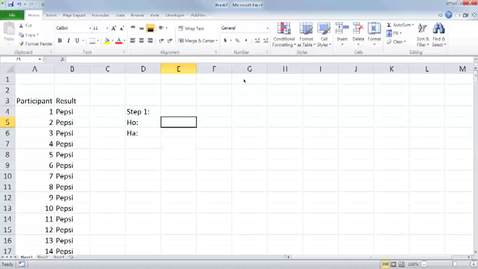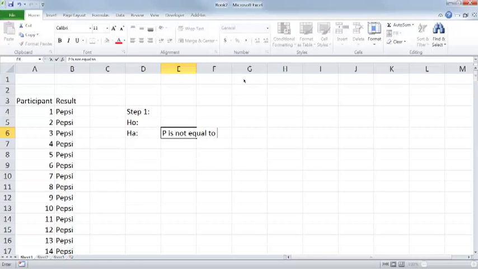So whatever it is we're trying to find belongs in the alternative. This is P instead of mu, we're not talking about mu anymore, we're talking about P. P is not equal to 0.50. That's what different from means, right? It doesn't say that it's less than 50% or greater than 50%. It says it's different than 50%.